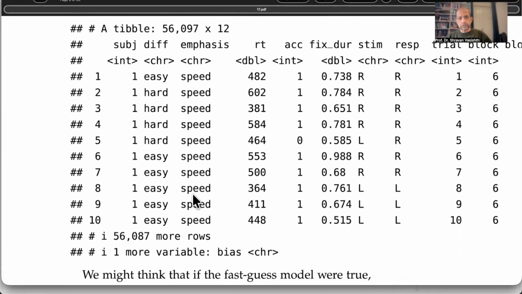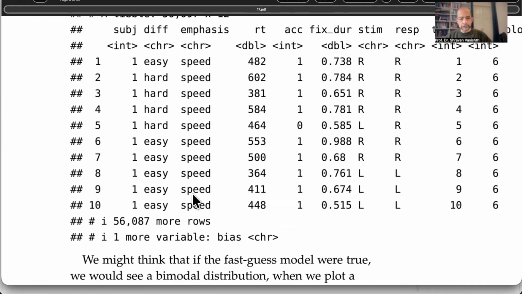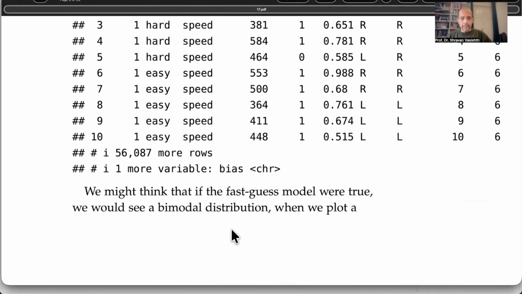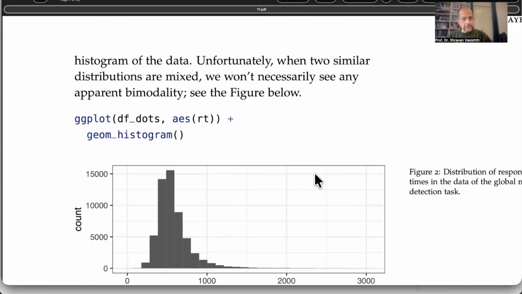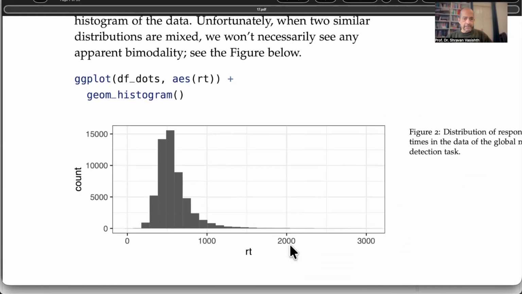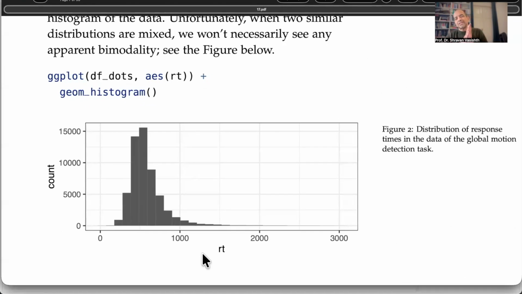Now, of course, theoretically, you might think that there will be a bimodal distribution, right? When we plot the data. But what we see is this kind of log normally distributed data. So there's no way to know whether this is a mixture or not. You can't always see a mixture.